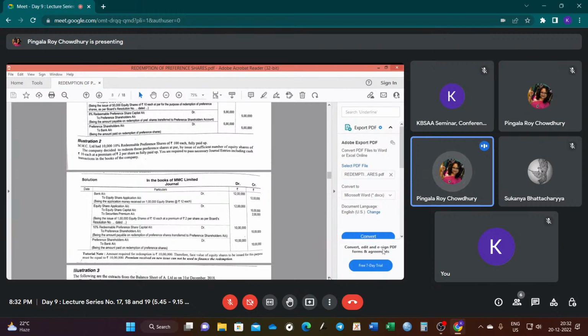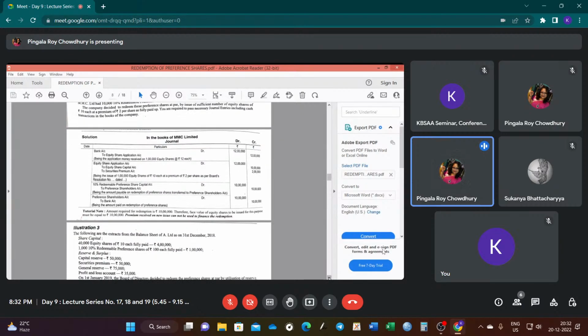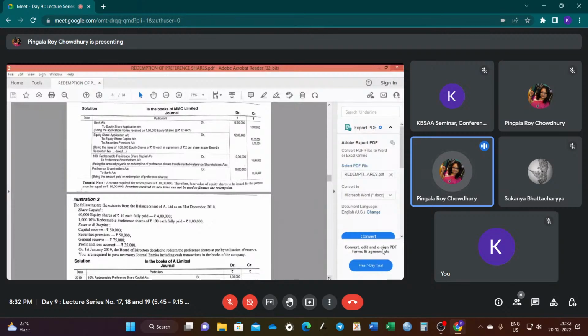Next, coming to the next sum, where you will see the utilization of divisible profits. See, the following are the extracts from the balance sheet of A Limited as on 31st December 2018. They have given you a detailed share capital structure where they have 40,000 equity shares of rupees 10 each, which are fully paid up. That means a total of rupees 4 lakh.